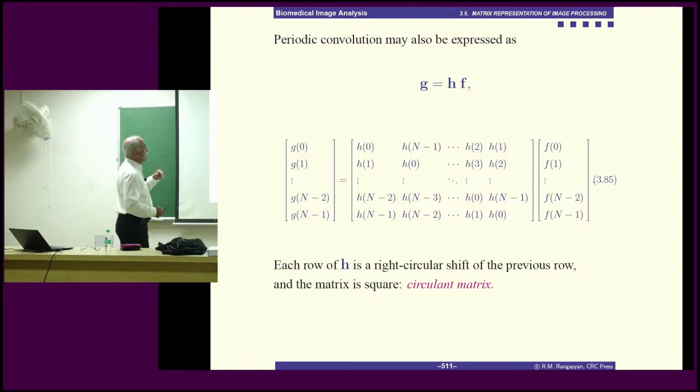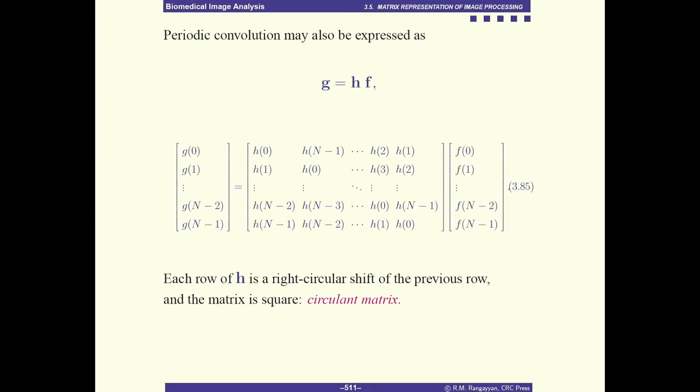Periodic convolution may also be expressed as G equal to HF. F has 0 to n minus 1 samples, G has the same. Now the impulse response is written with H0, and what was shifted out will come back here, H1, 2, so on, Hn minus 1. You shift, H0 goes there, H1 that was here will come here, and so on.